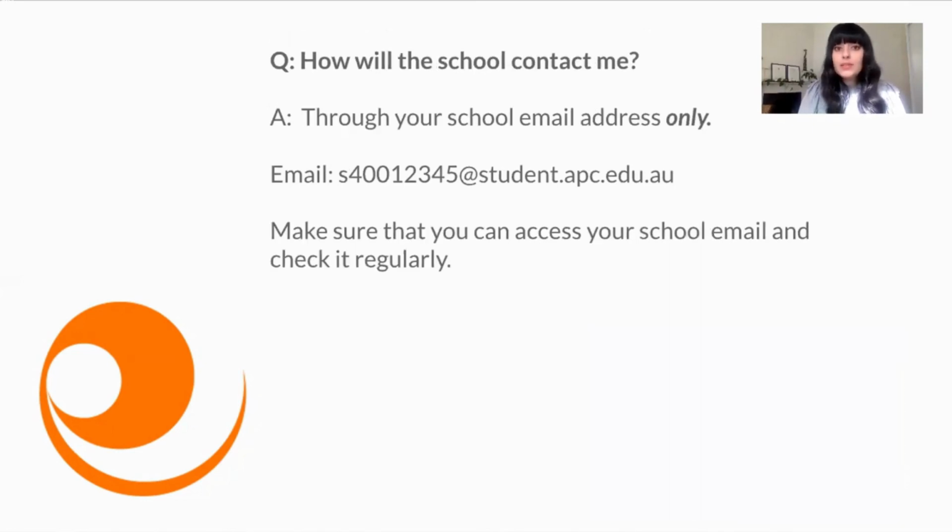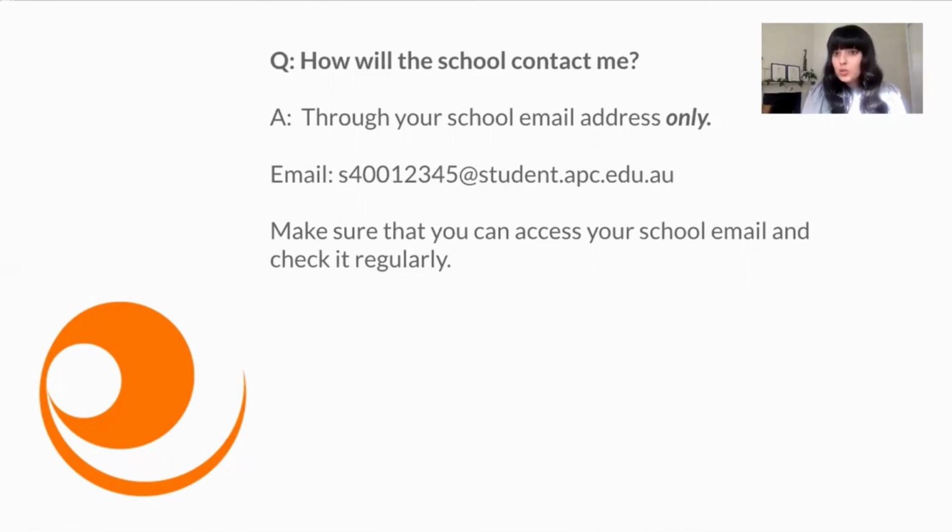How will the school contact me? Well, this is related to what I was saying before. Once your enrollment begins with us at English Unlimited, the school will only contact you through your school email address, the one you can see below, your student number at student.apc.edu.au.